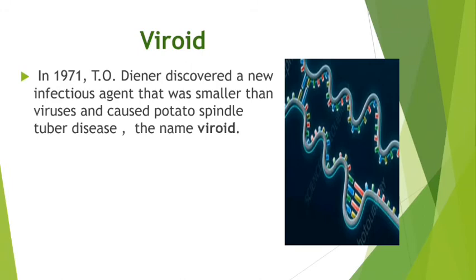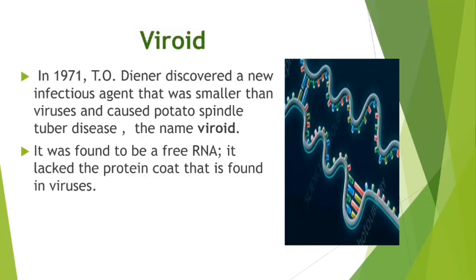So viroids are smaller than viruses, and they cause potato spindle tuber disease in potato, and Diener named it viroid. So a viroid is also an infectious agent like a virus, but it is much smaller than a virus. It was found to be a free RNA.